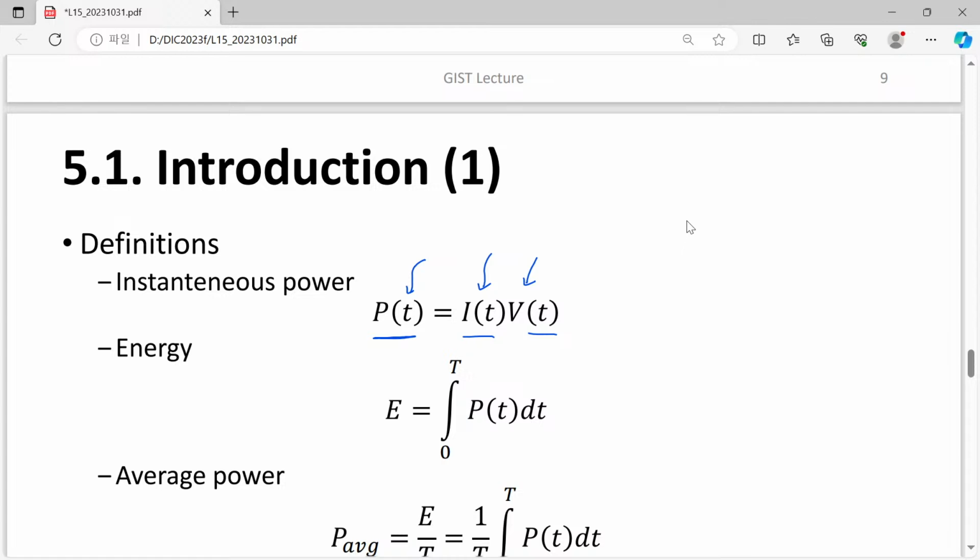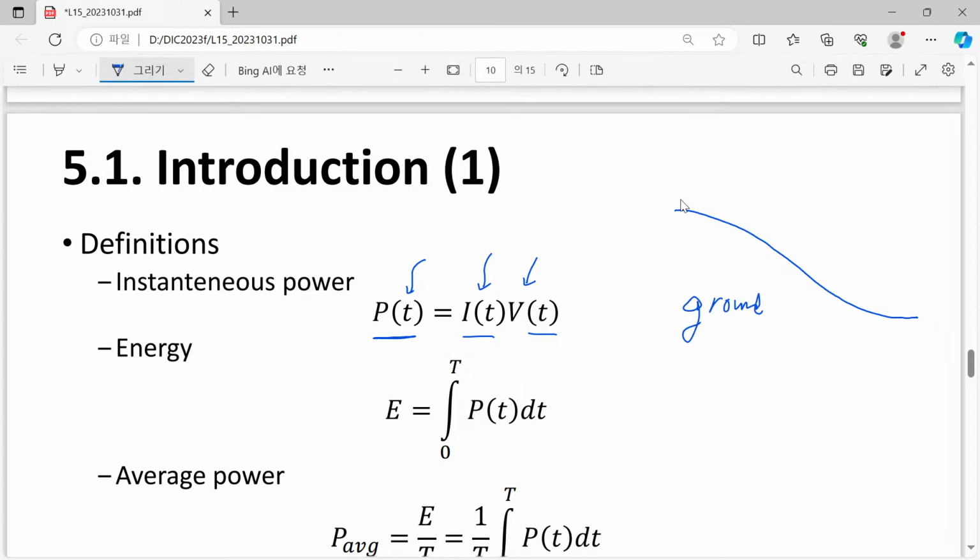So, a simple analogy is like this. Here we have a certain hill. This is the ground, and here we have a hill, and let's say that there is a ball. Maybe you know this one. What happens if we just kick it slowly?